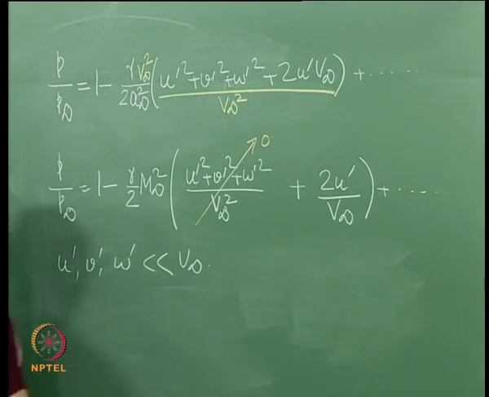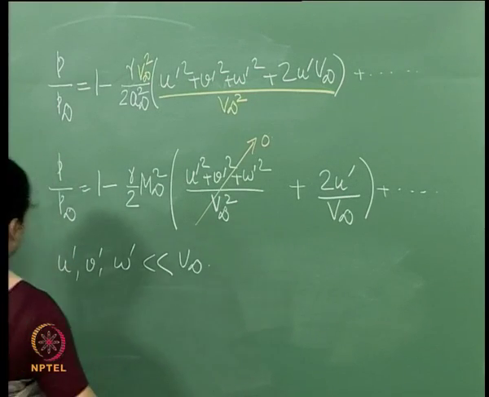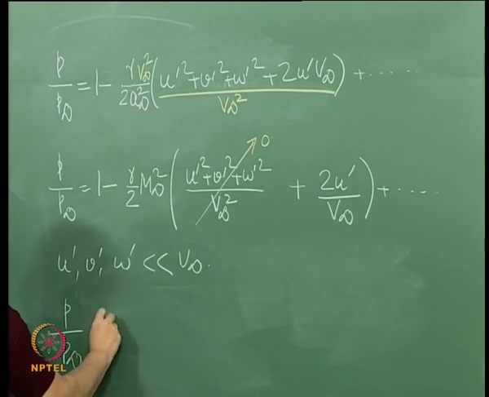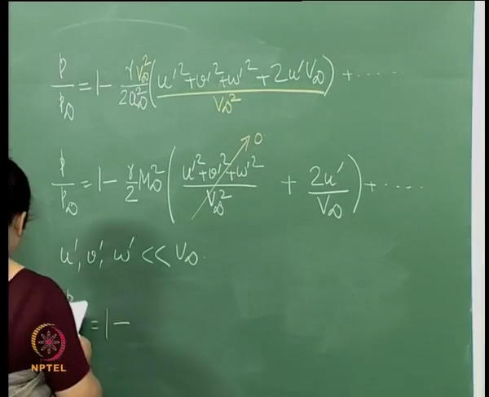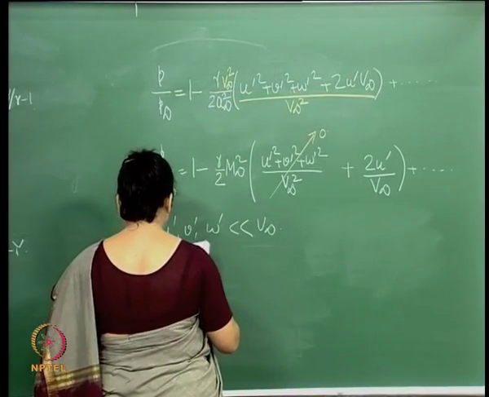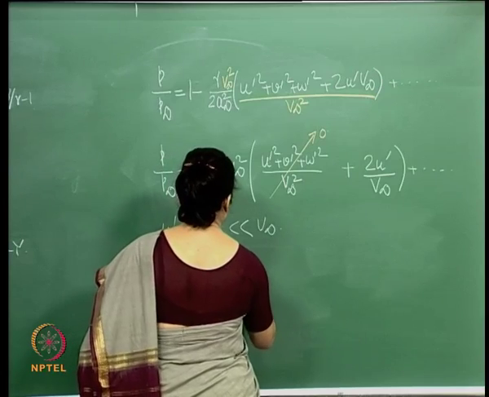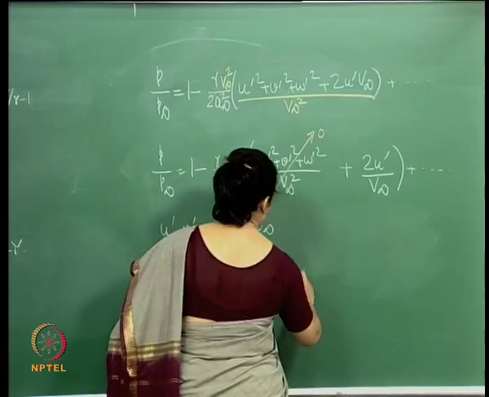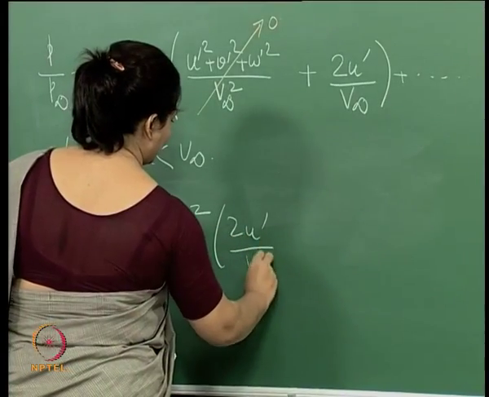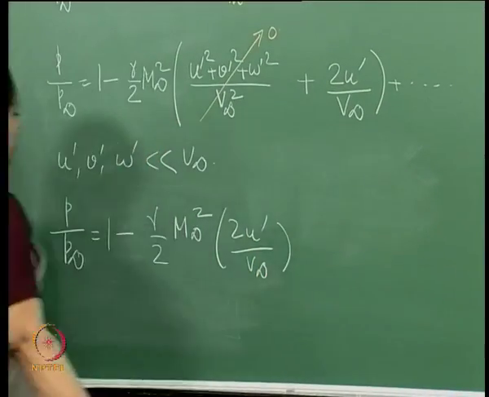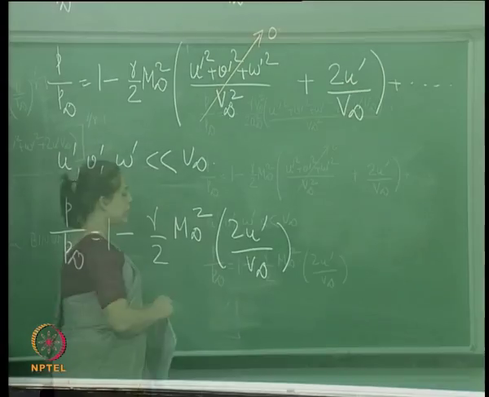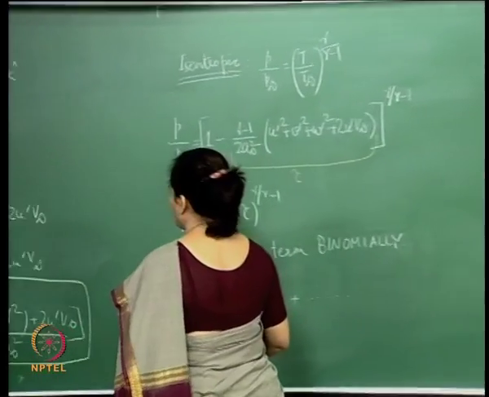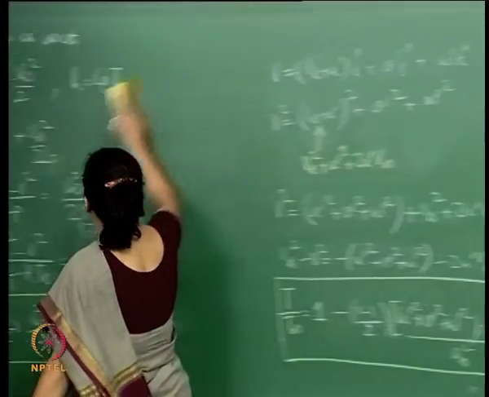So what we are left with essentially is this. If I am left with this, then what happens to my Cp? Let us see the relationship that we get for Cp.